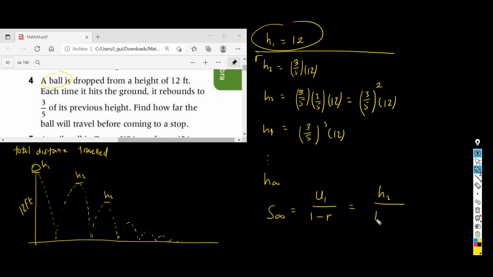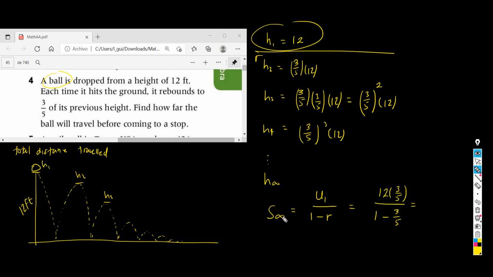There it goes. 1 minus the ratio, which is 3/5, as we can see. And that guarantees that I can use this formula because the ratio is between -1 and 1, right? So h2 is going to be 12 times 3/5.